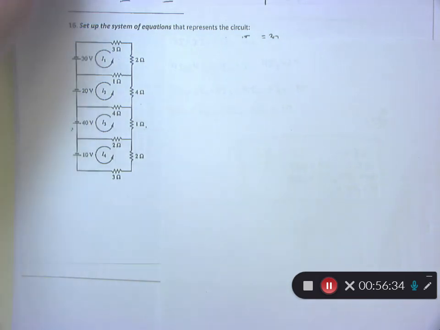All right. So, moving this out of the way so you guys don't see it, could you tell me what you got for your answer? What's the first equation? On your mark, get set, go. Good. 6I1 minus I2 equals 30. Second equation. I want them in order. You want to put these guys always in order.